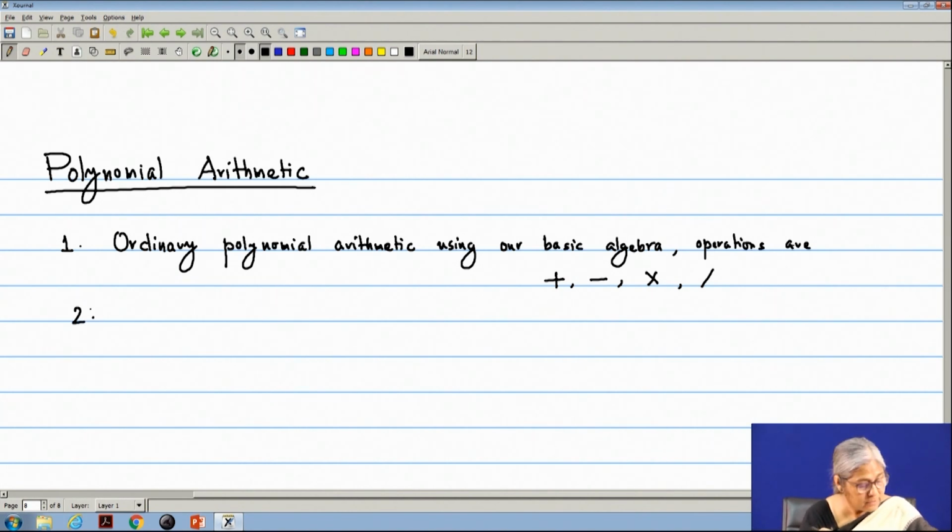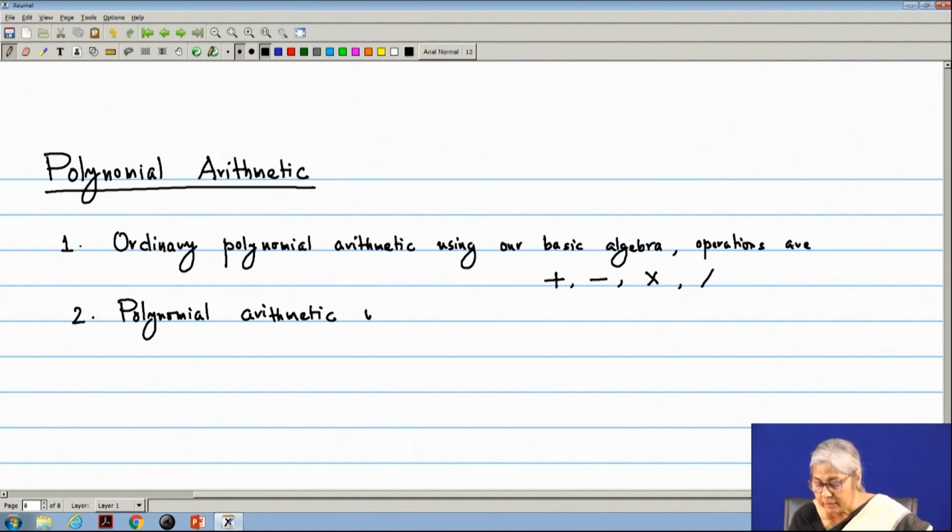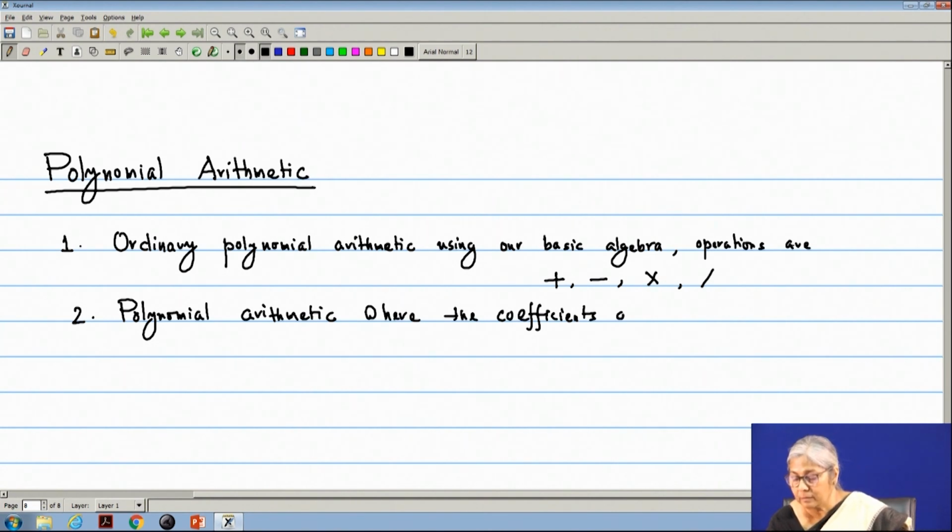Then we will see the polynomial arithmetic in which the coefficients are the elements of some field.